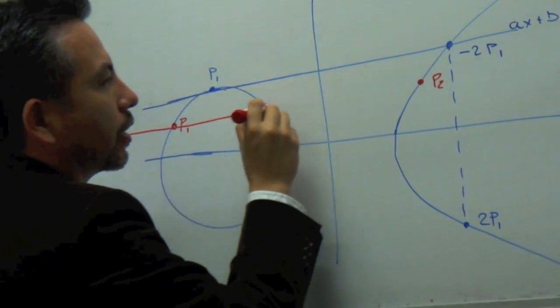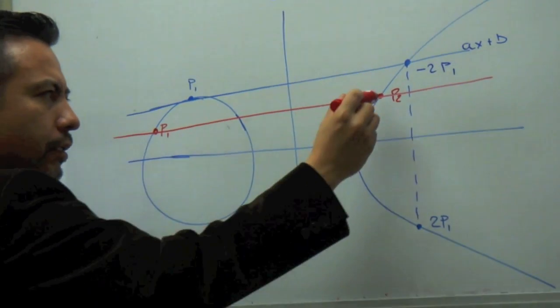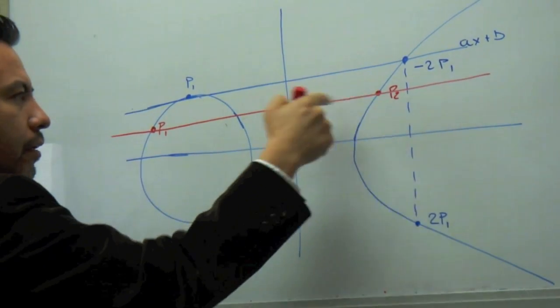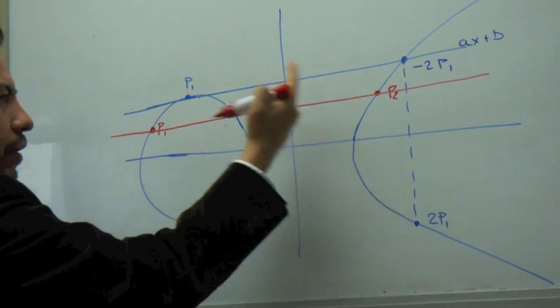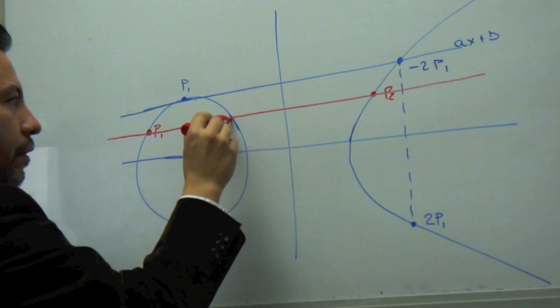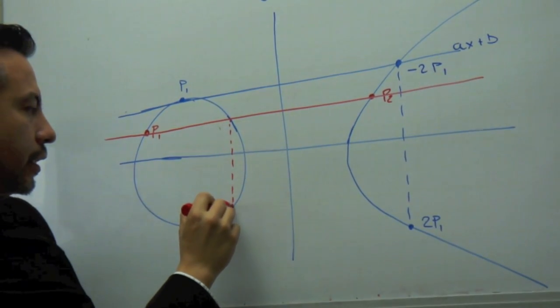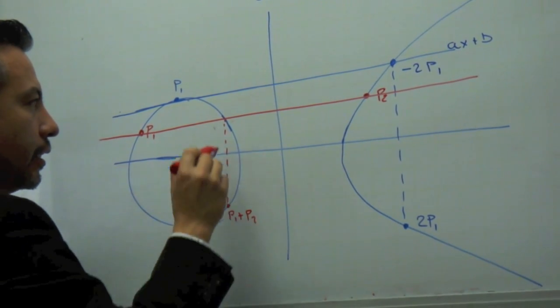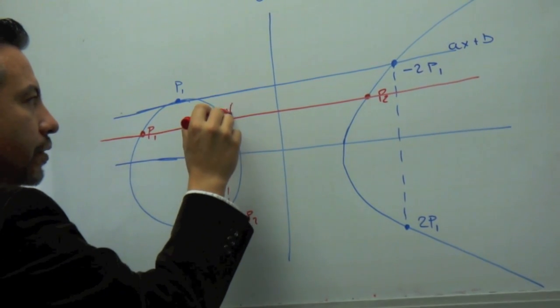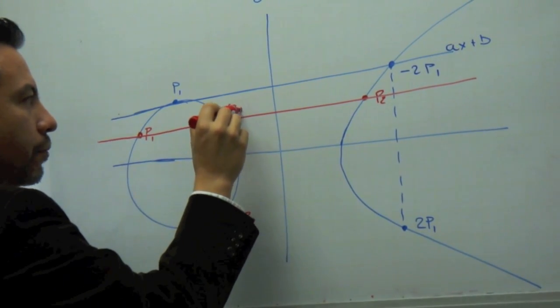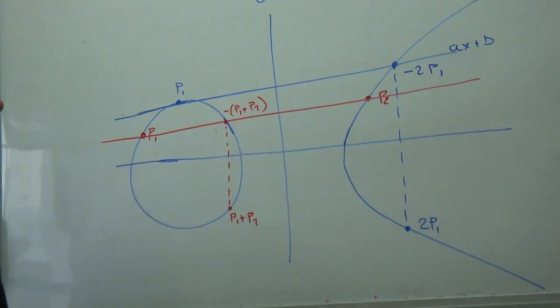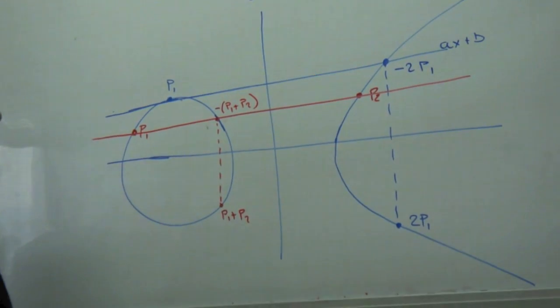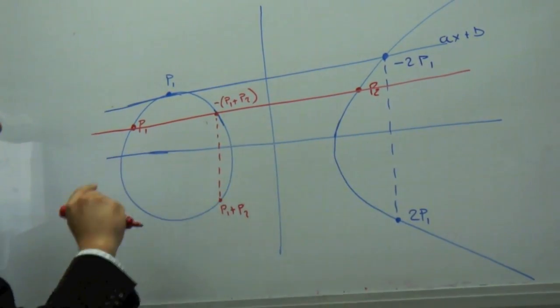So it's going to go like this, because this is P1, this is P2, and it's crossing here. There we go. This point is the inverse of P1 plus P2, and this point is P1 plus P2. Okay? So the blue is adding one point to itself, the red is adding two different points.